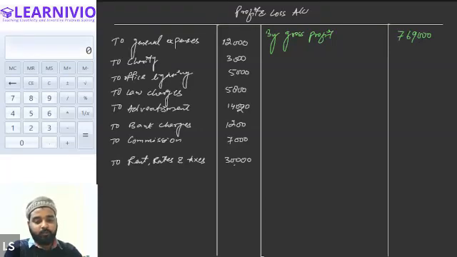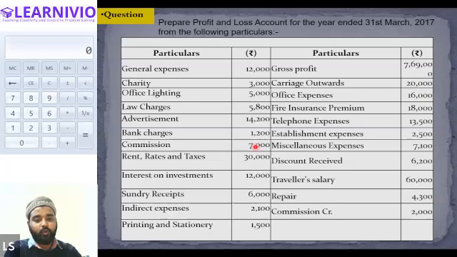See, it is already written in the question, interest on investment. That means whenever you invest, you will be earning the interest. When you invest in any kind of securities, if it is written interest on investment, it means you are receiving interest on the investment. So it will be considered as income.